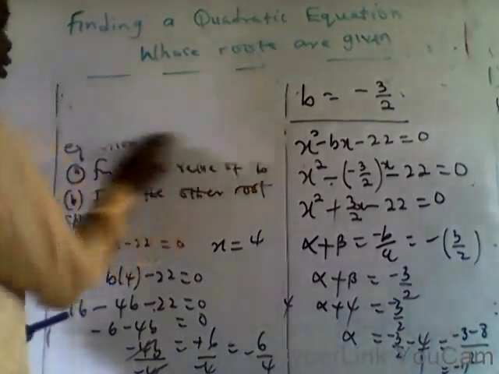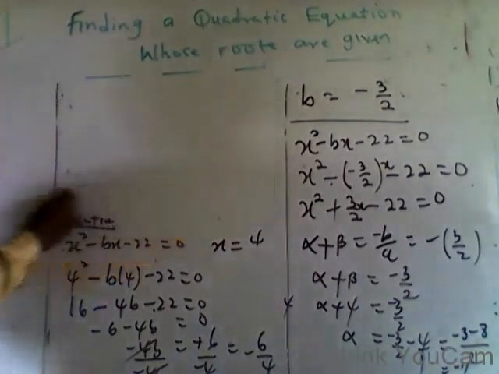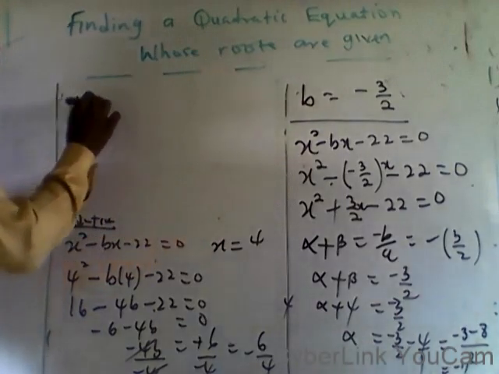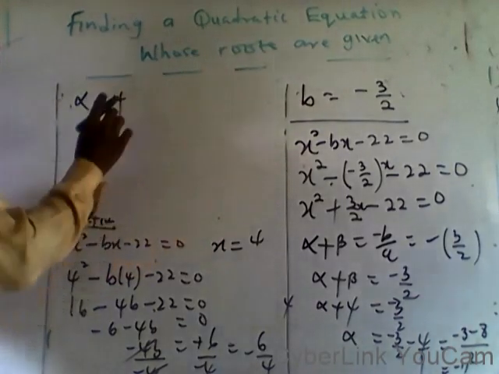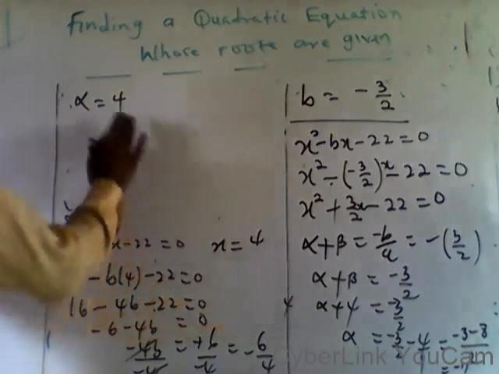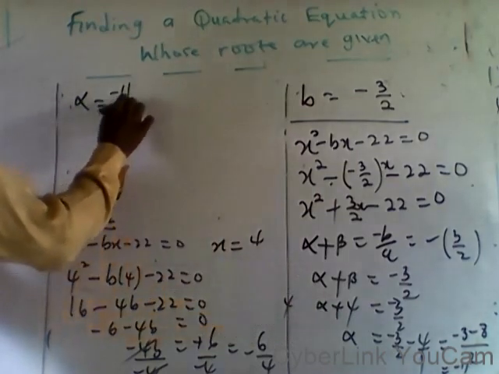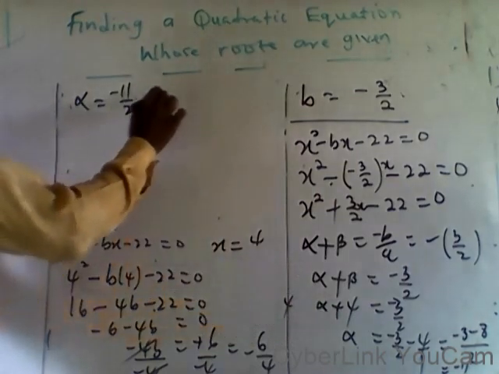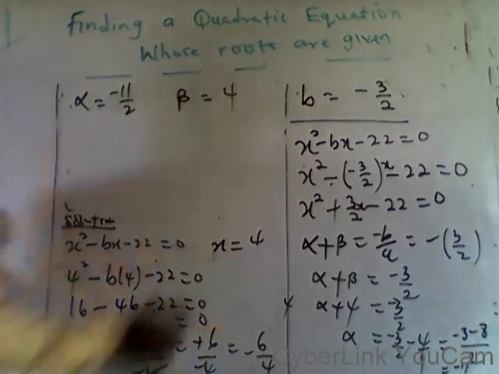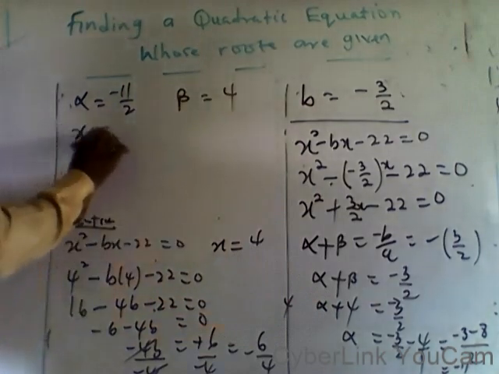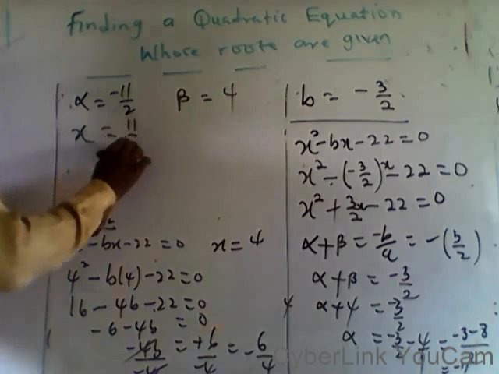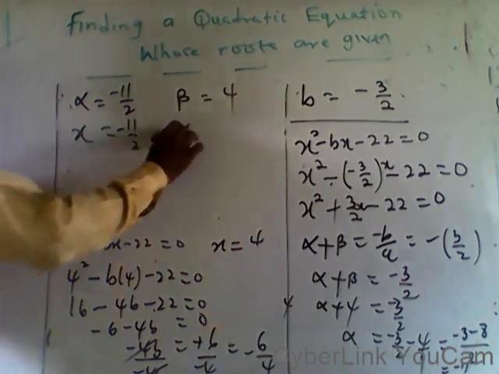So for this question, to quickly complete it, our alpha is minus 11 over 2, and our beta is 4. Therefore, s equals minus 11 over 2, or 4.